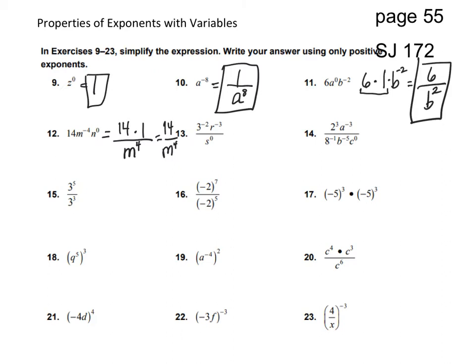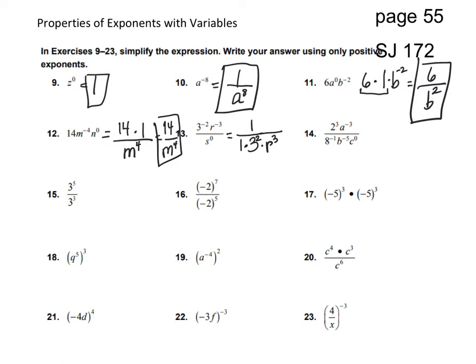Looking at our next problem, I see 2 negative exponents and an exponent of 0. I'm going to take care of that exponent of 0 first. S to the 0 power is 1. 3 to the negative 2 power will move to the denominator with the 1 and make that a positive 2 power. R to the negative 3 power will move to the denominator with the 3 and be r to the positive 3 power.